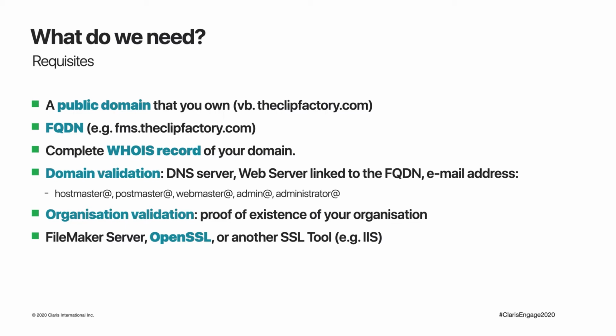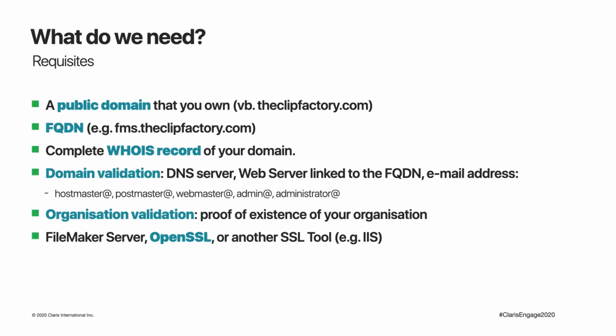For domain validation, you need either a DNS server, or a web server linked to the FQDN, or an email address that starts with hostmaster, postmaster, webmaster, admin, or administrator to be able to validate. For organization validation, you need proof of existence of your organization. Often this is a phone call and some documents like a DUNS number and so on.